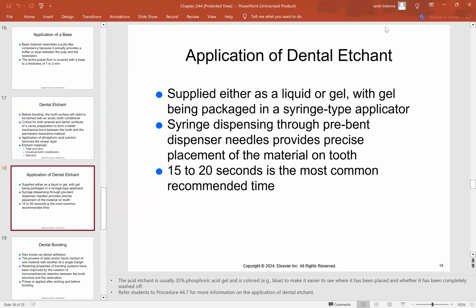This is supplied either as a liquid or a gel, the gel being packaged in a syringe type applicator. We'll place this on the tooth for 15 to 20 seconds. And this is where we'll rinse the tooth thoroughly and air dry. Remember, at this point, if the tooth becomes contaminated, we will need to re-etch.